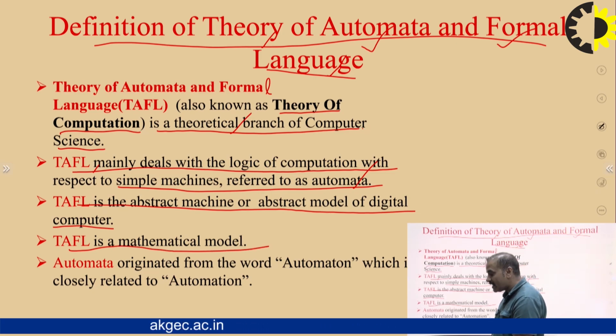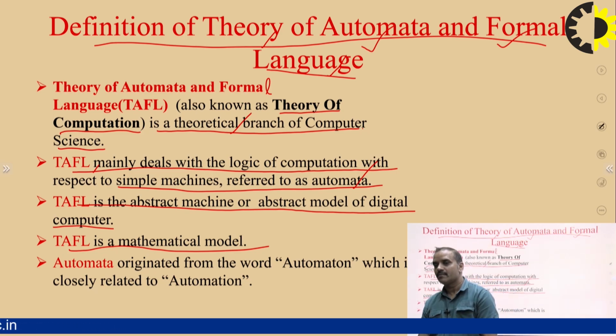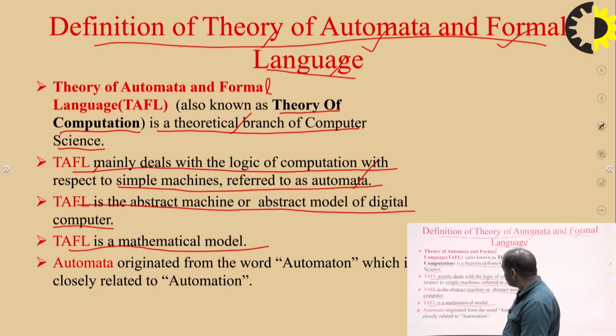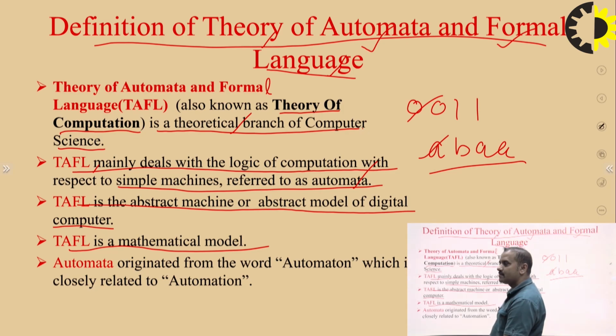Why do we call it a mathematical model? Because it is used to process strings in the form of 0 and 1, like 0, 0, 1, 1, or A, B, A, like this. Such strings are processed by this machine, so we call it a mathematical model.